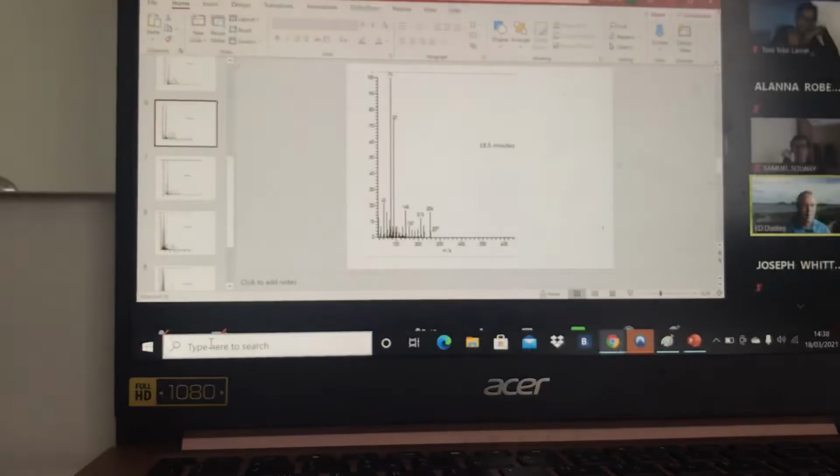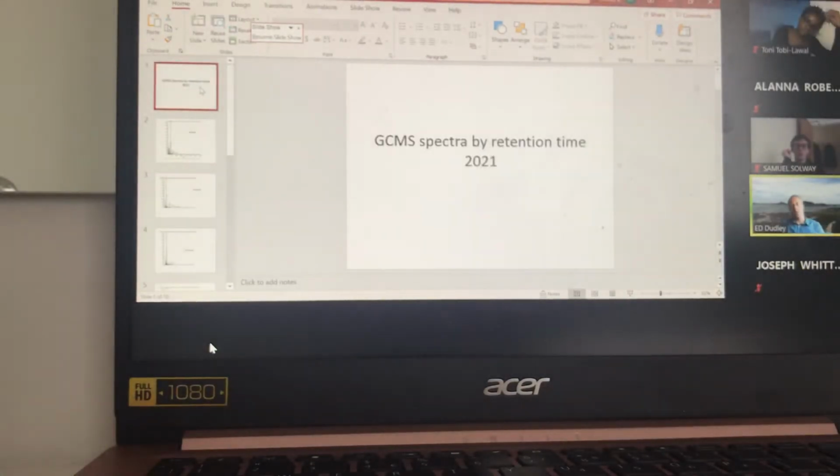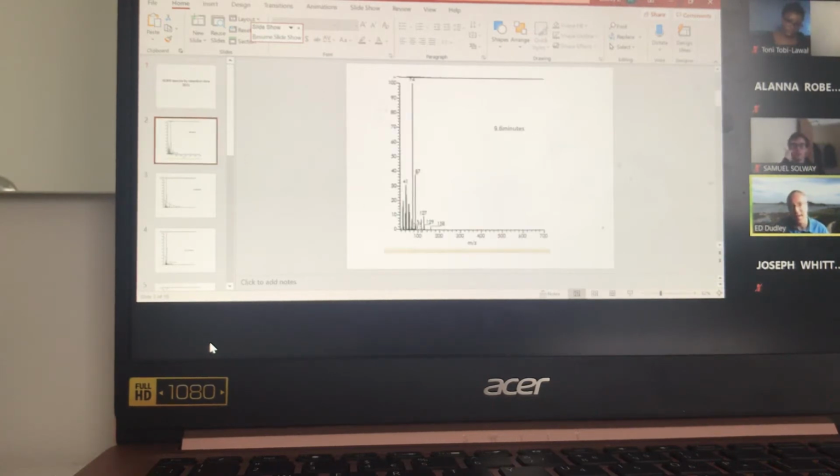So on canvas, we have a file entitled GC Spectra by Retention Time. I've gone through the chromatograms and found the retention time of all the different chromatographic peaks. And every time we've got a chromatographic peak, I've taken a picture of the mass spectrum at that given point.